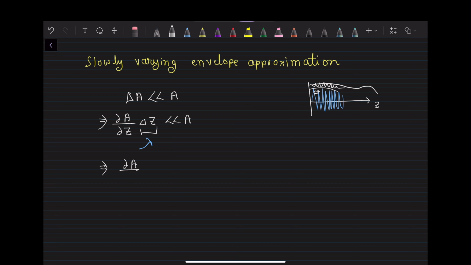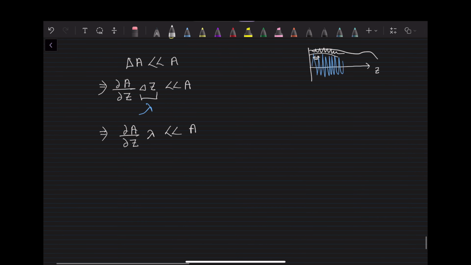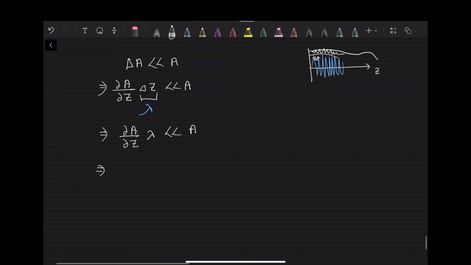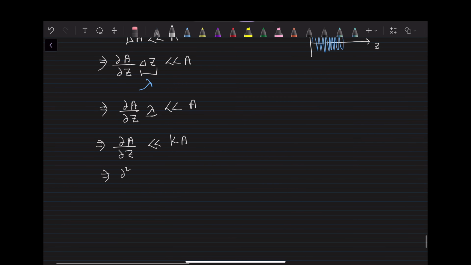So what I have here is, right. Now let's write it as this, or I can transfer lambda to this side, and 1 by lambda is proportional to k. So what I can write here is k times A. Now I can take another derivative.